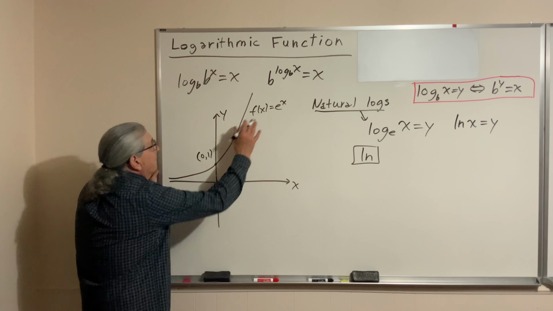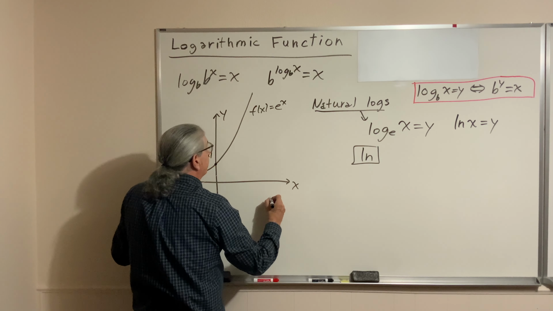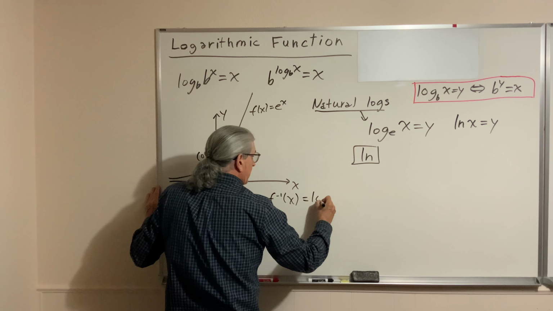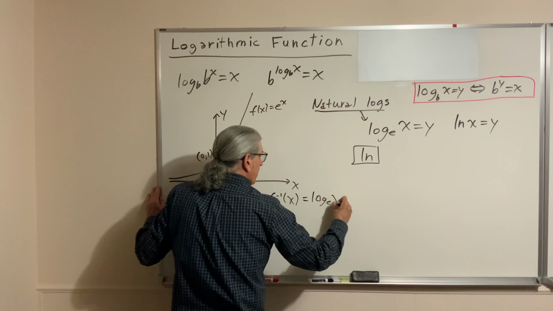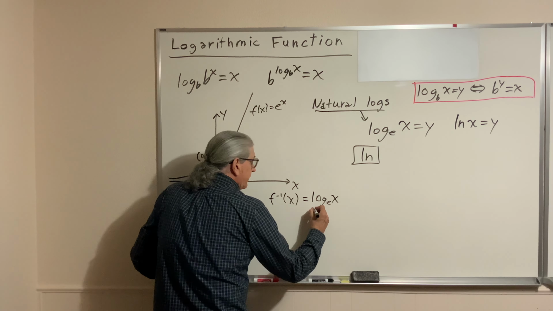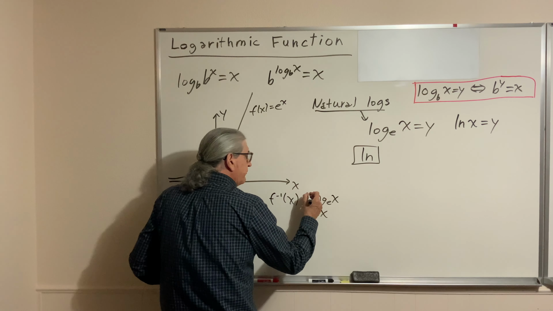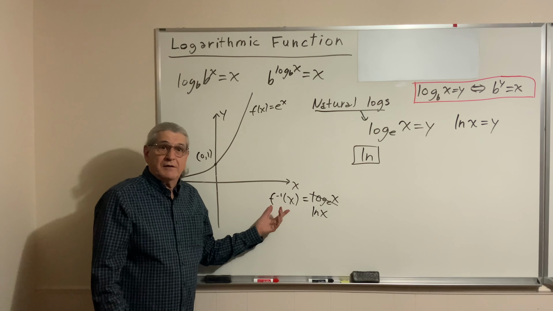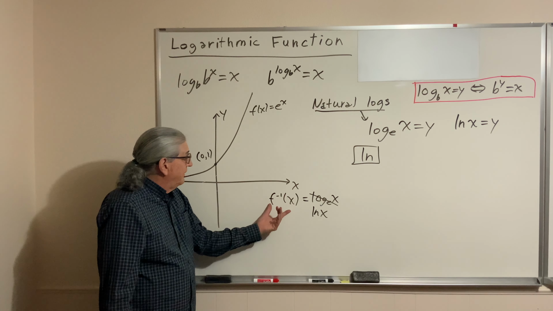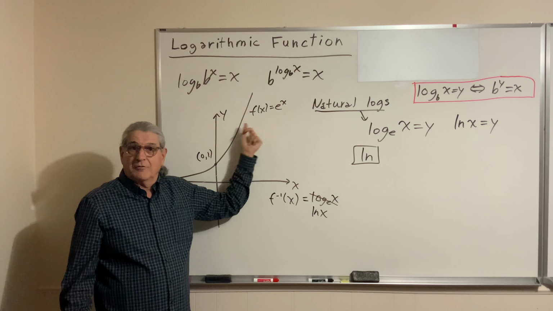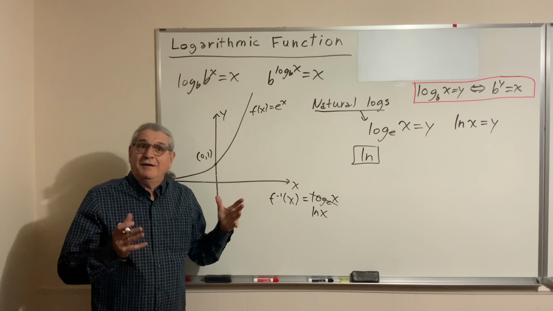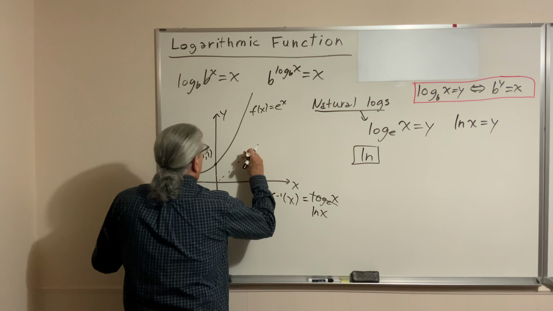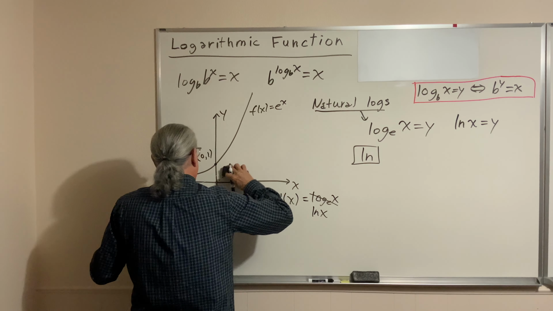All right, now the log function is the inverse. And now we're going to call it the ln of x. We want to move away from this and start calling it the ln of x. Now, what do we know about the graphs of an inverse compared to a regular function? Remember? We've changed the x and y, so it's a mirror image about the line y equals x.